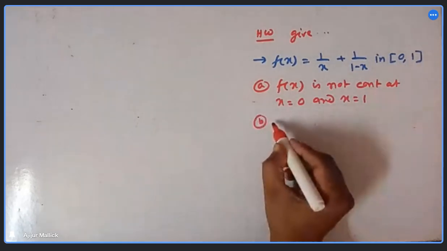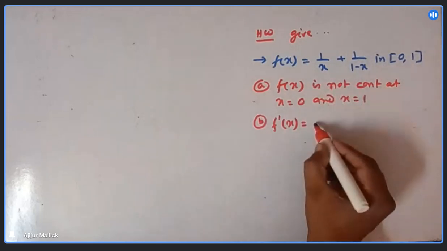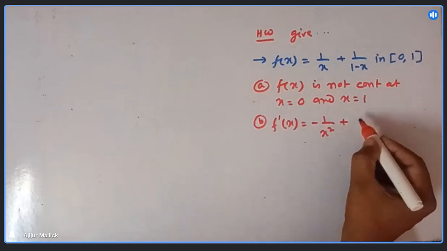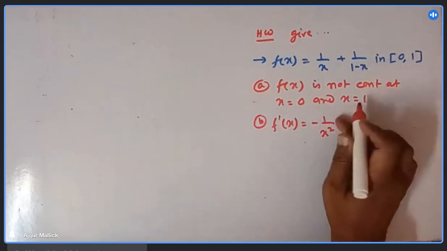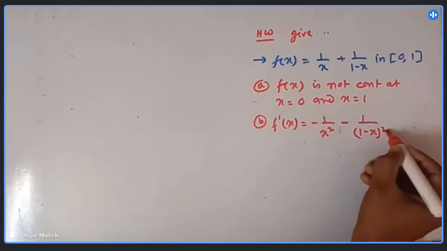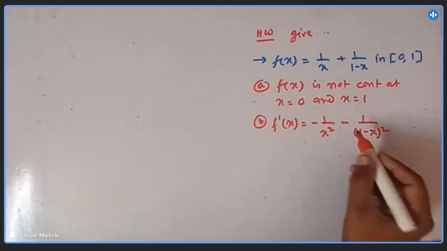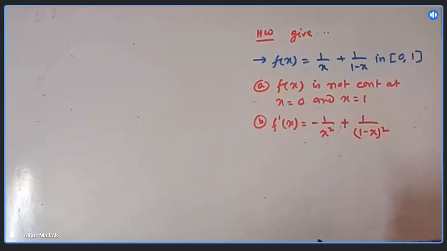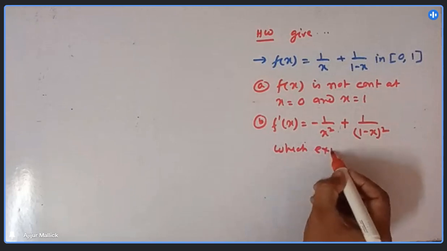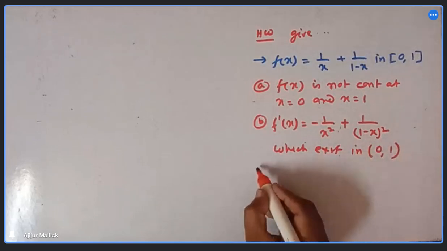Number B, f dash x is equal to, what is its derivative? Minus 1 by x square plus, the derivative is again minus 1 by (1 minus x) whole square, and the derivative of 1 minus x is minus 1, which exists in the open interval 0, 1.